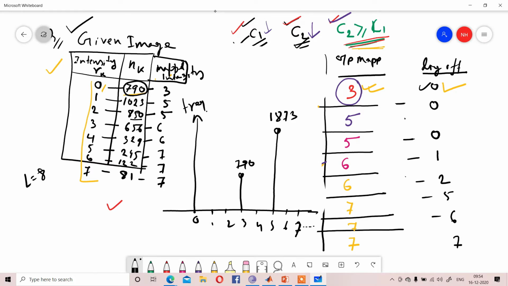So in addition 985 number of 6's you have. So whenever you represent the 6, you will have 985 number of 6. Similarly for 7, 245 plus 122 plus 81, it is 448. So you will have 448 number of 7s. So that will be your histogram after the matching.